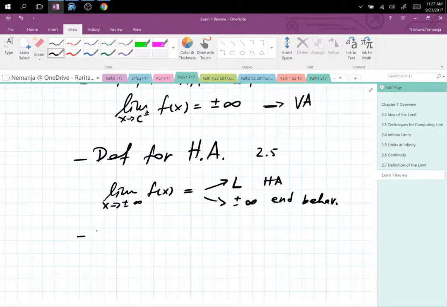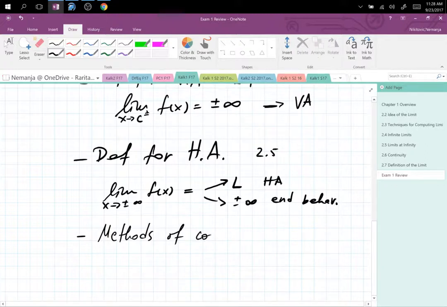You remember that we had some of those interesting problems in 2.5, when we divide by the highest exponent, right? So that should be on the test as well. So now, methods of computing, 2.5 limits. All right, think about that.